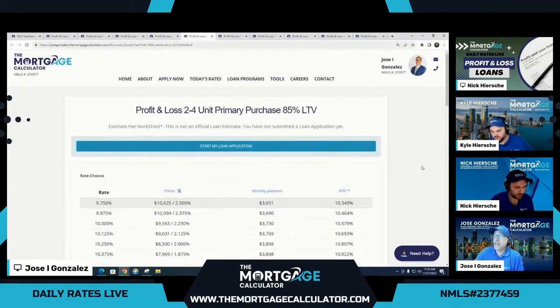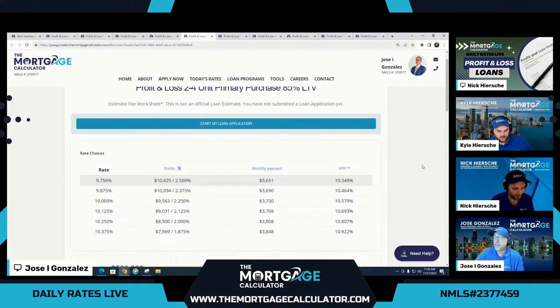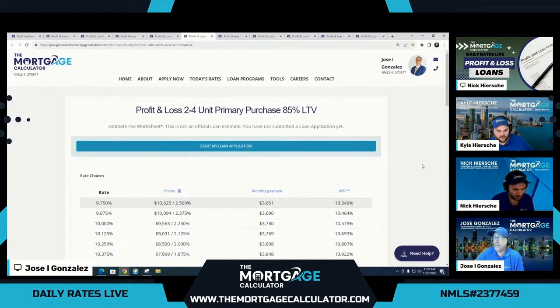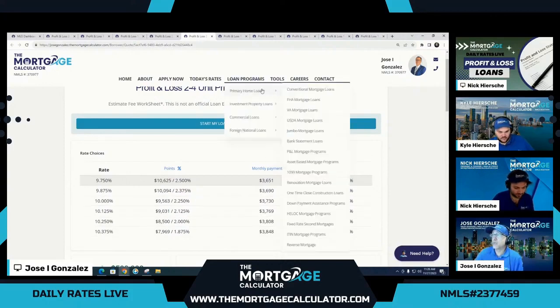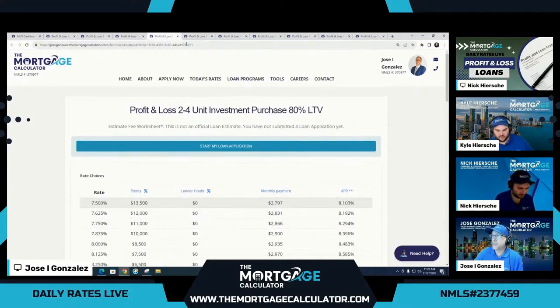And for our house hackers out there, this is for 2 to 4 unit, but I ran it specifically for 4 units in case there are any differences. Again, 85% LTV is the max LTV for a primary 2 to 4 unit purchase, with 10.375 as the lowest cost option and 9.75 as the lowest rate option.